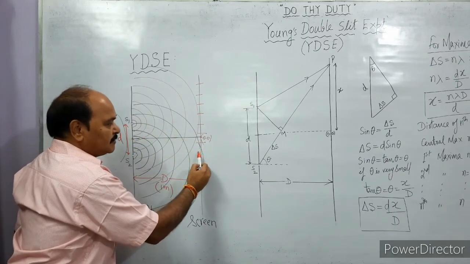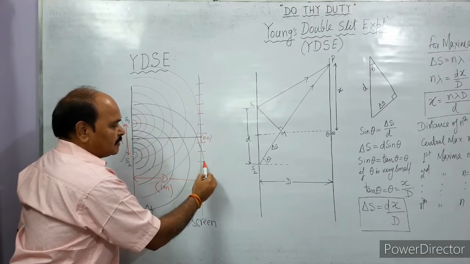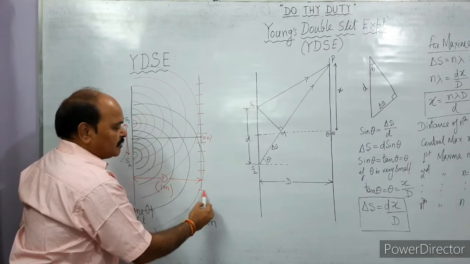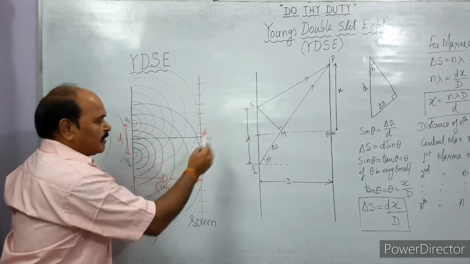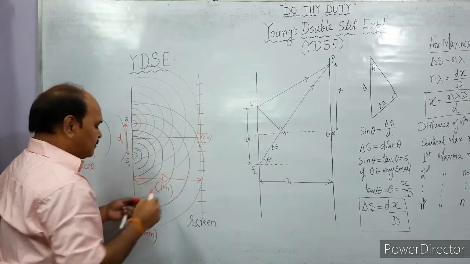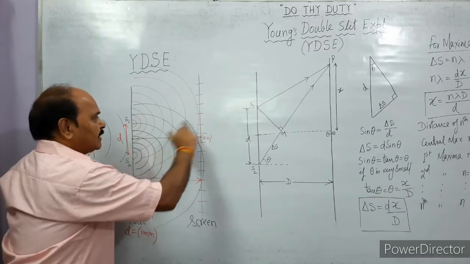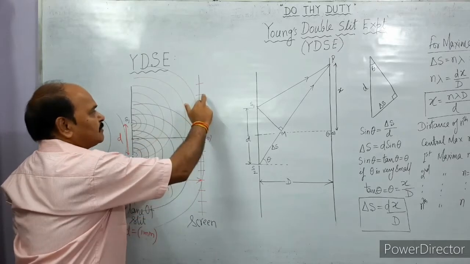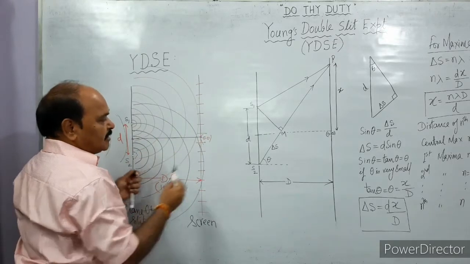If you make this diagram very carefully, you would see that all central maximas lie along this line, all first maximas lie along this line, and all second maximas lie along this line. This is central maxima.